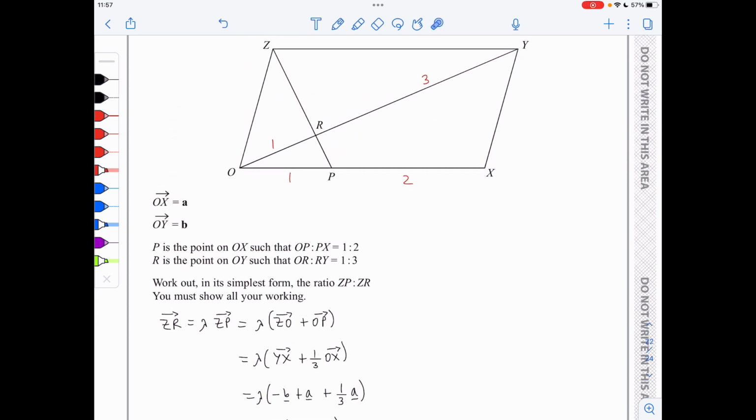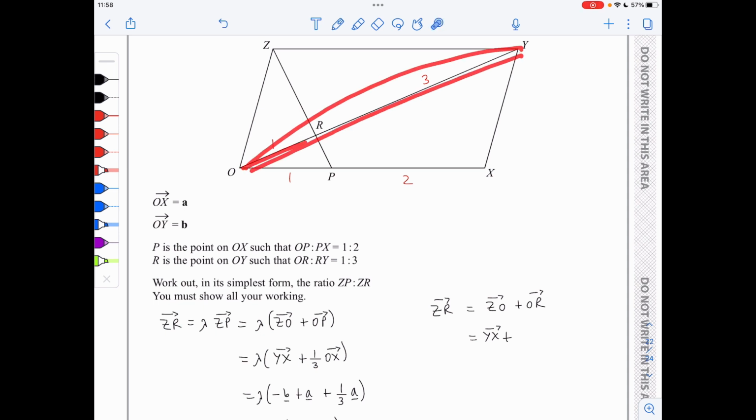Now we did say that we should find two different ways to go from Z to R. So an alternative way of going from Z to R is to go from Z to O and then from O to R. So I will simply write this as ZR is equal to ZO plus OR. ZO is the same as YX, and OR is a quarter of OY because it goes a quarter of the full way.